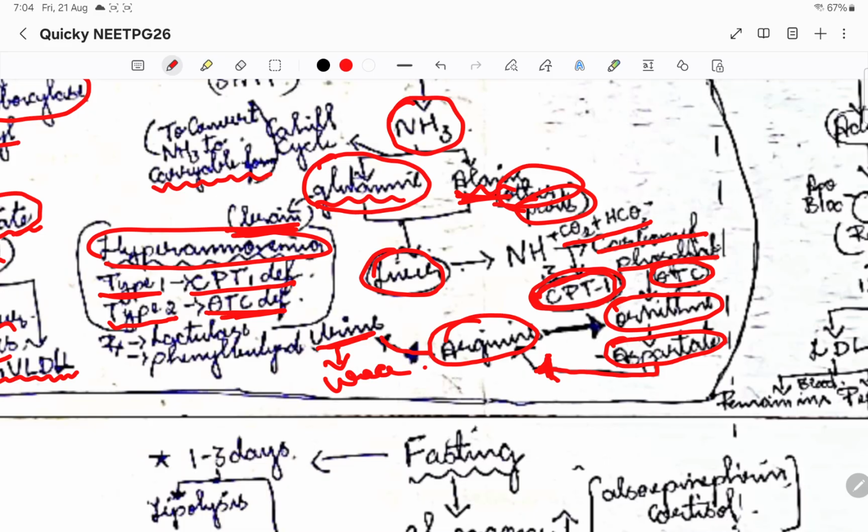That's it. This is the major thing that you want to learn about. In hyperammonemia, the treatment is lactulose and phenylbutyrate.